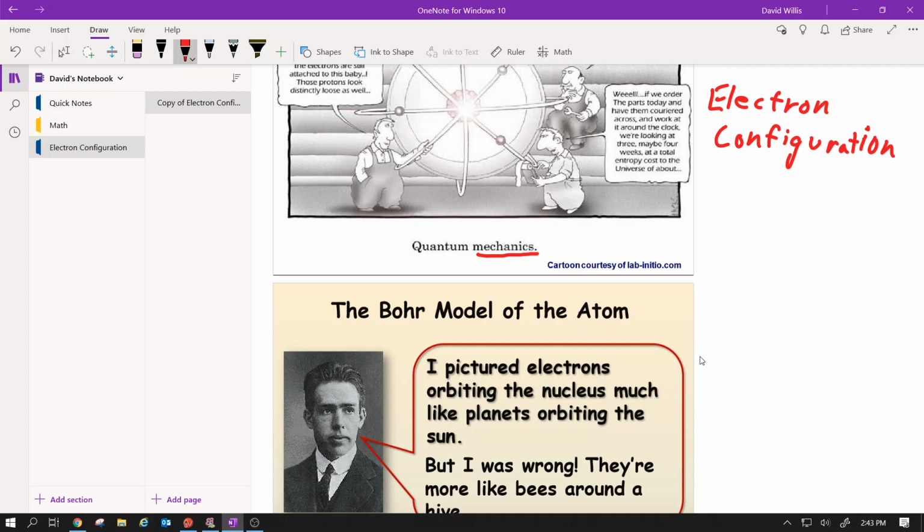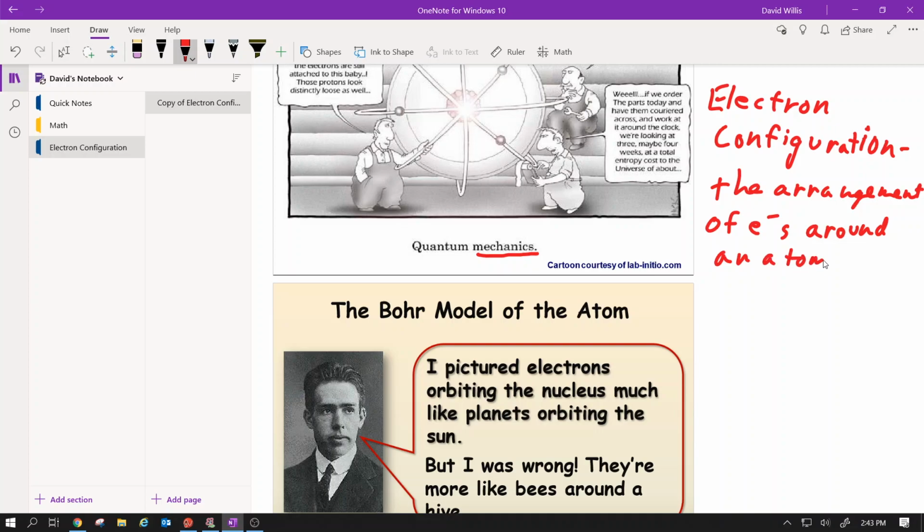All right. So electron configuration. The electron configuration is the arrangement of electrons around an atom.